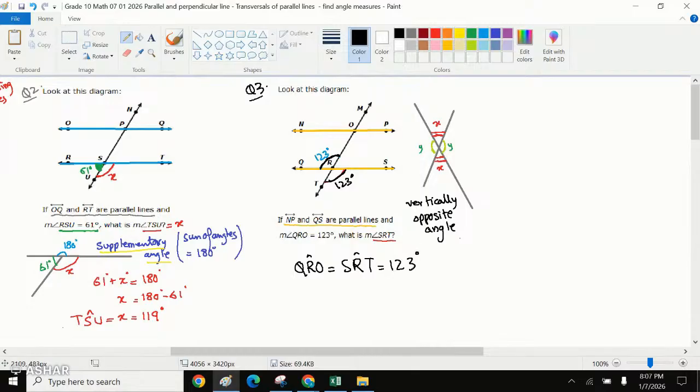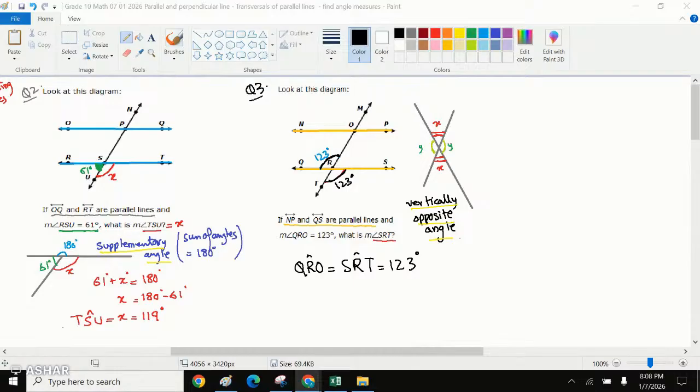Do we agree on this? So we call them vertically opposite angles. What we need to remember is, wherever there is a formation of X, the opposite angles would always be equal. Agreed? Any questions? Okay, good. So moving ahead, let's look at the next question.